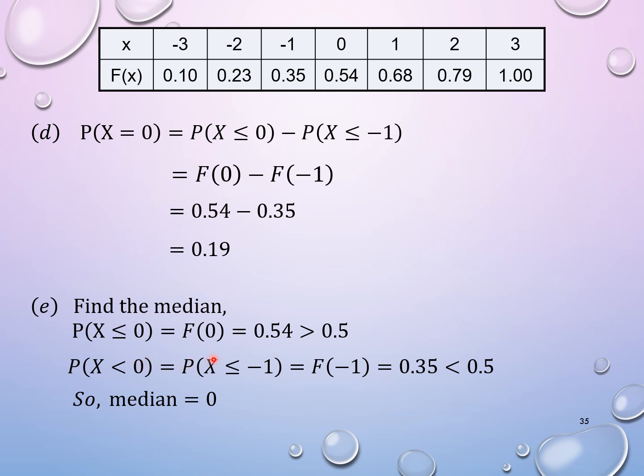Less than 0 means x less than or equal to negative 1, which is the cumulative F(negative 1). The cumulative F(negative 1) is 0.35. So this value is less than 0.5. One of the values is less than 0.5 and one of the values is greater than 0.5. So we can conclude that the median is 0, or x equal to 0.